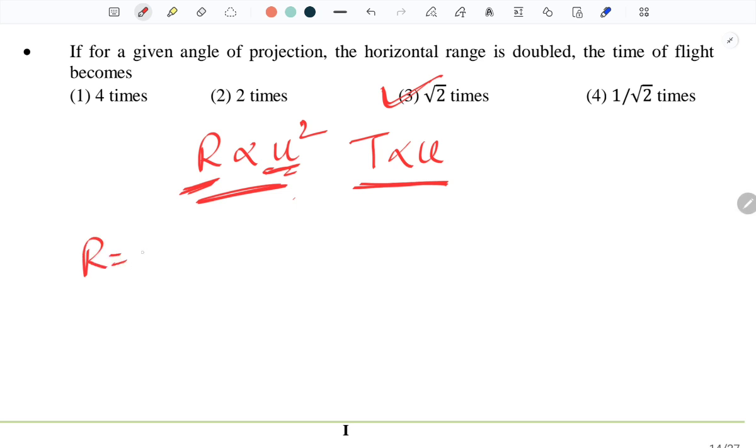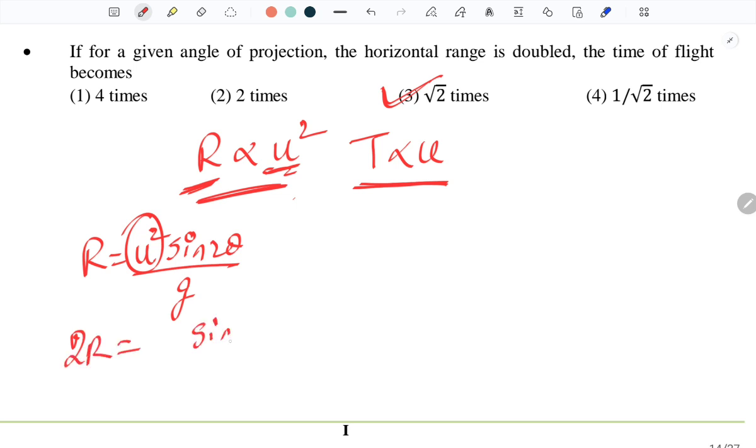Or you can do it the other way also. You can write the formula R is equal to u square sin 2 theta by g. He has told the horizontal range is doubled. So to double the range, he must have changed the velocity. How much should the velocity be changed to make R as 2R?